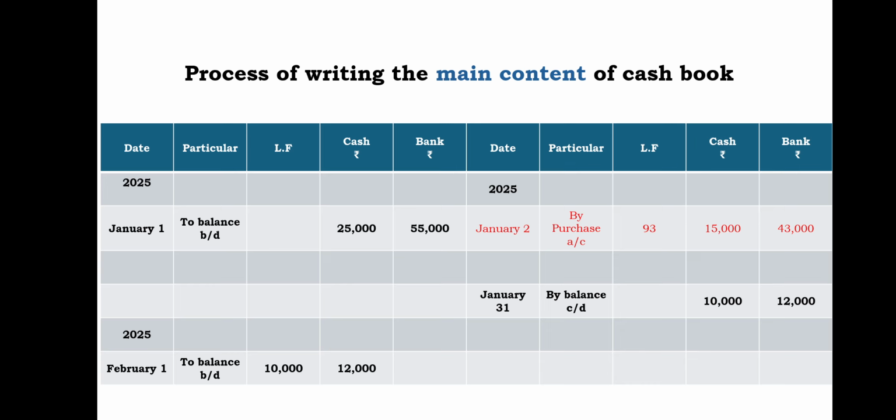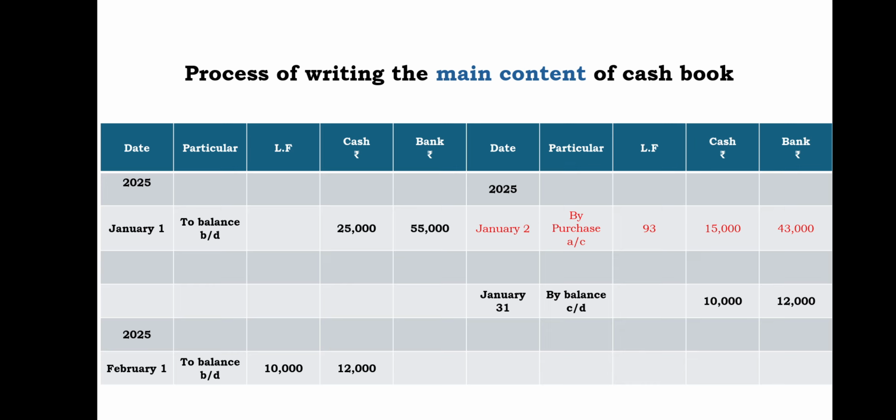As you know, a cash book always has a debit balance. It means we always have money in our pocket. Now we have 10,000 in cash and 12,000 in the bank. So we will transfer this to the next month on the left side of the cash book. The left side shows the debit balance. So on February 1, 2025, we have to balance brought down, because we brought down the money from the previous month.